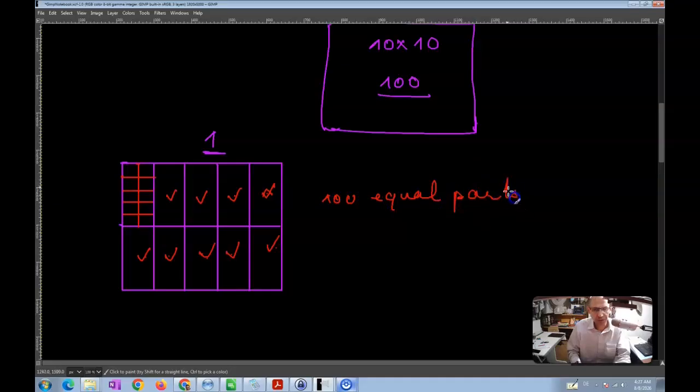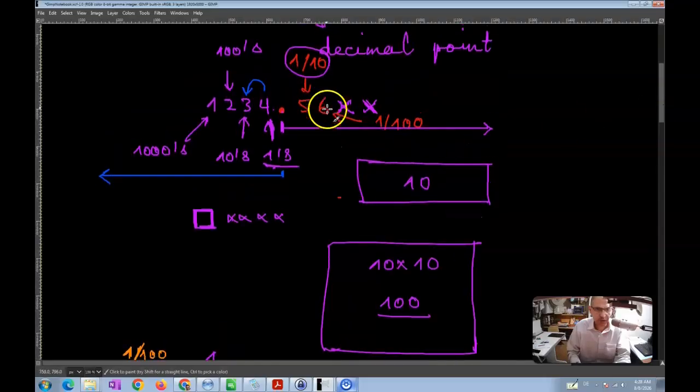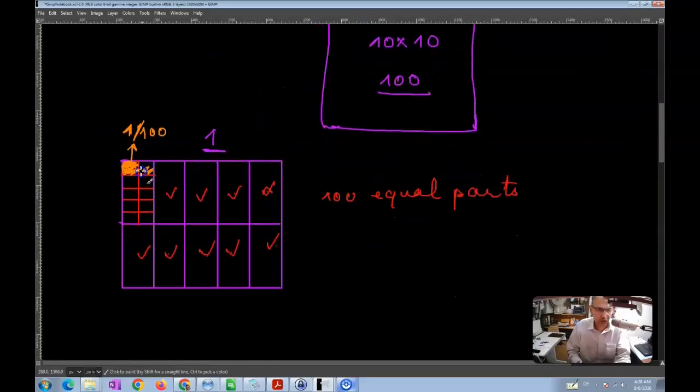Now if I pick this one box over here, the value of this small box would be a 100th, meaning 1 out of 100 equal parts. And so a 600th would be 6 out of 100 equal parts, which would be 2, 4, and 6 over here.